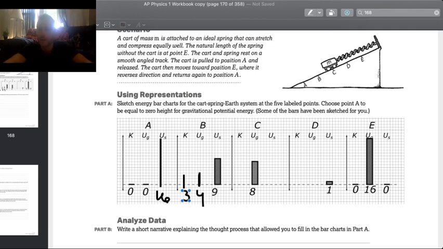Point D is 3/4 of the way there to the highest point. So it's going to have 3/4 of the gravitational potential energy, which would be 12. And that gives us a kinetic energy of the remainder. So that would again be 3.